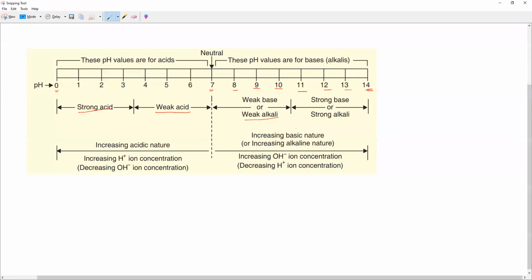Strong. Okay. That is what you have to remember, very, very important. Once again, 0, 1, 2, 3 are usually considered strong acids. Next, 4, 5, 6 are considered weak acids.